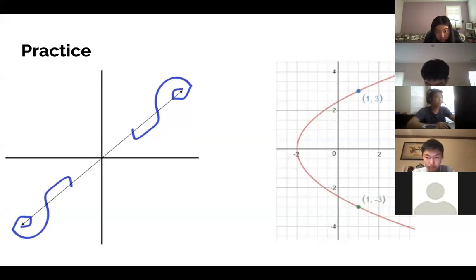I think it's point symmetry. Okay, you think it's a point symmetry? I got a few answers here. And what do you guys think for the second one?